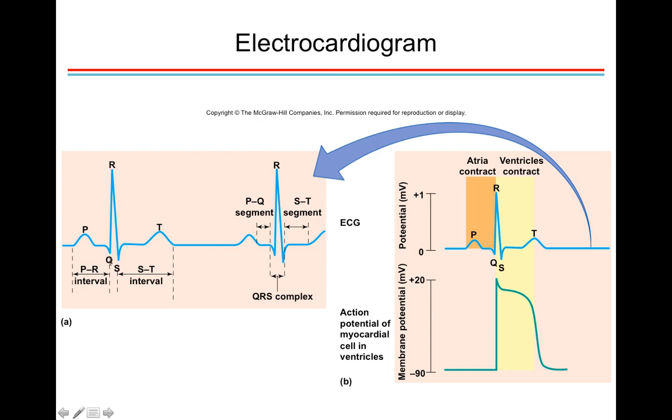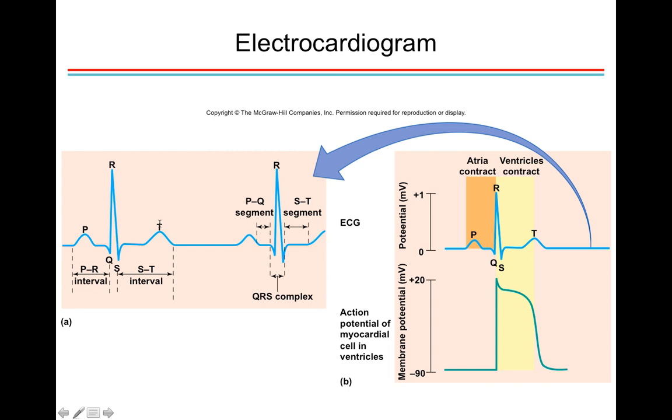The QRS wave represents ventricular depolarization. And then the ST segment represents ventricular systole. And then it turns out that the T wave represents ventricular repolarization.